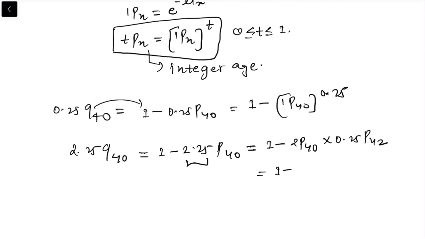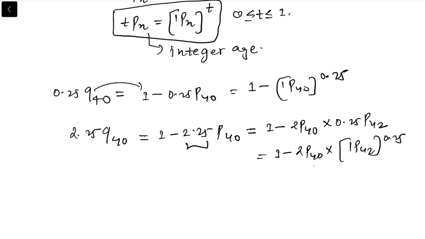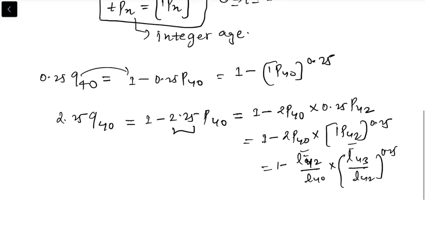So this is 1 minus 2p40 times 1p42 to the power 0.25, and then we can write this in terms of l, 1 minus l42 divided by l40 times l43 divided by l42 to the power 0.25. And from the table we can look at these values and then we can calculate this. All right.